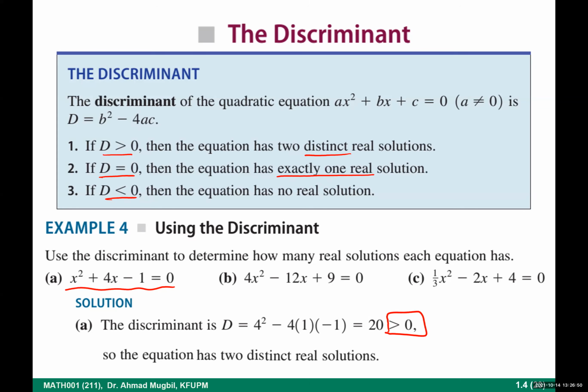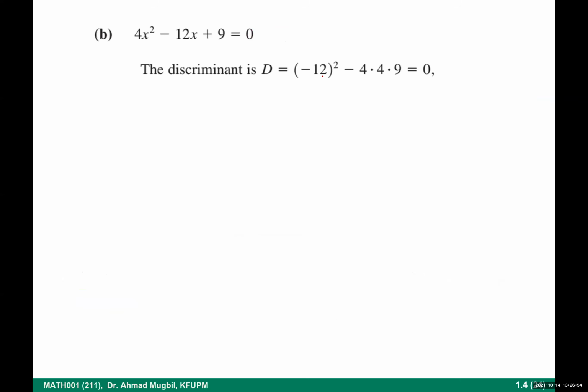Great. Now for the second one, this is the discriminant, the square of b. Don't make a mistake when you determine what b is. b here is negative 12, not 12. And of course it will be squared anyway. Negative 4ac is 0. So this equation has one repeated solution, one real solution, or 2 equal solutions.